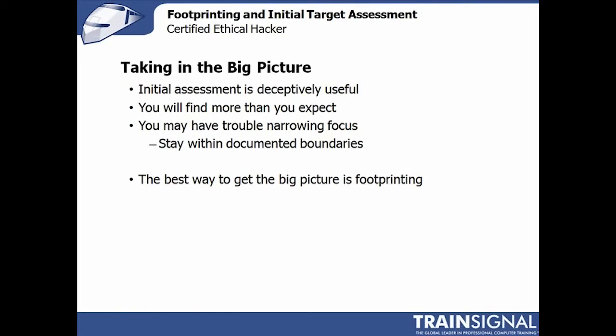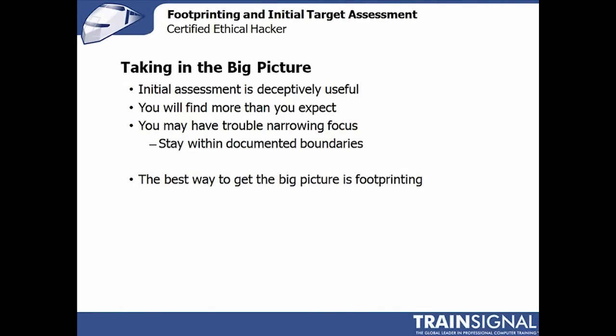That's really useful. At the same time, it's actually kind of a dual-edged sword in that you may find that it's troublesome to narrow your focus at this stage because there may be some really tempting things that you find during footprinting that you might want to attack.